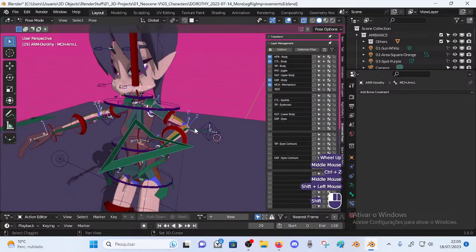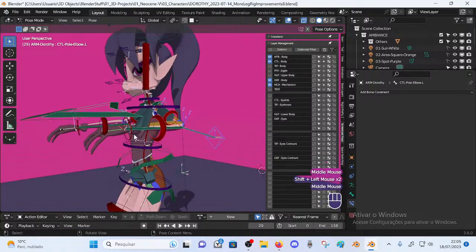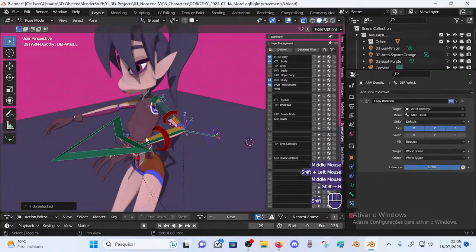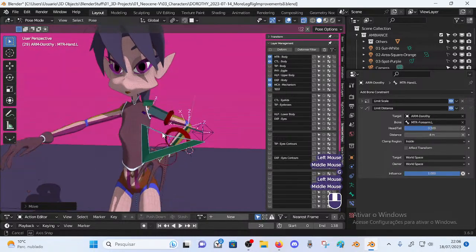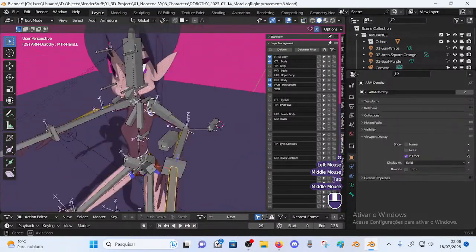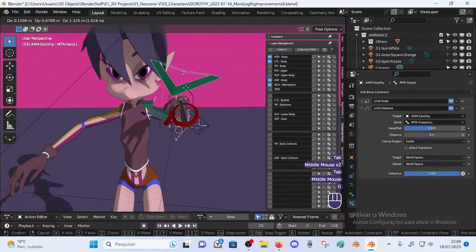I forgot these two. Yeah, let's get the wrist bone as well. So here, you see, the rest pose is this one.